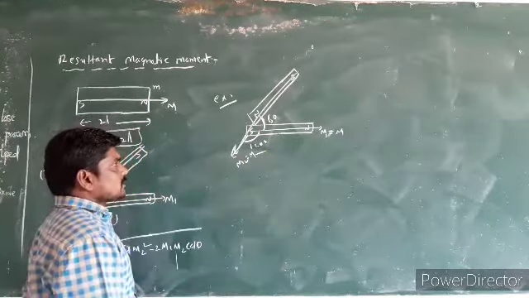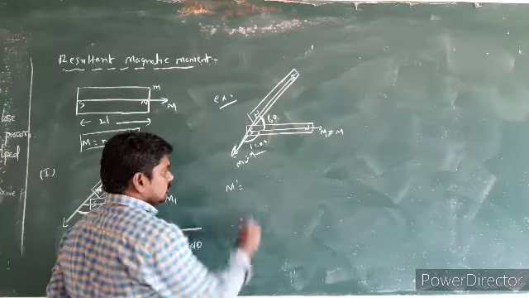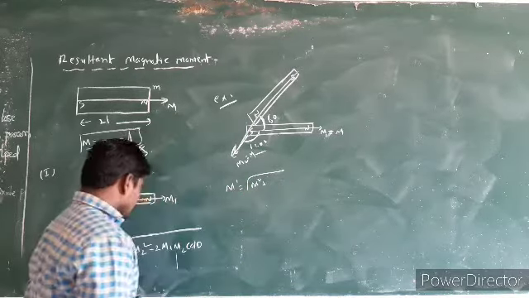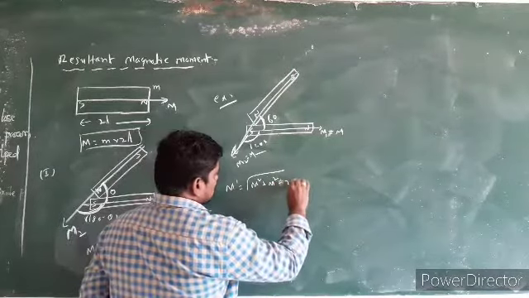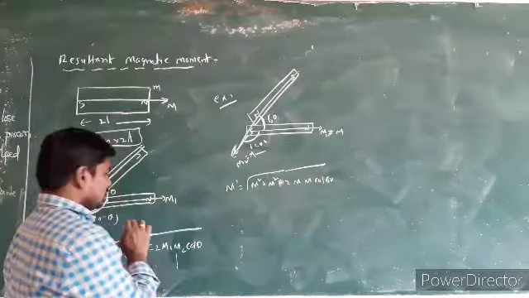The angle between the axes of the two bar magnets is 60 degrees with unlike poles in contact. Therefore, the net magnetic moment of the arrangement, M dash, is equal to, in place of M1 take M square, plus in place of M2 take M square, minus 2M into the theta value, cos 60. We can take the minus symbol here.